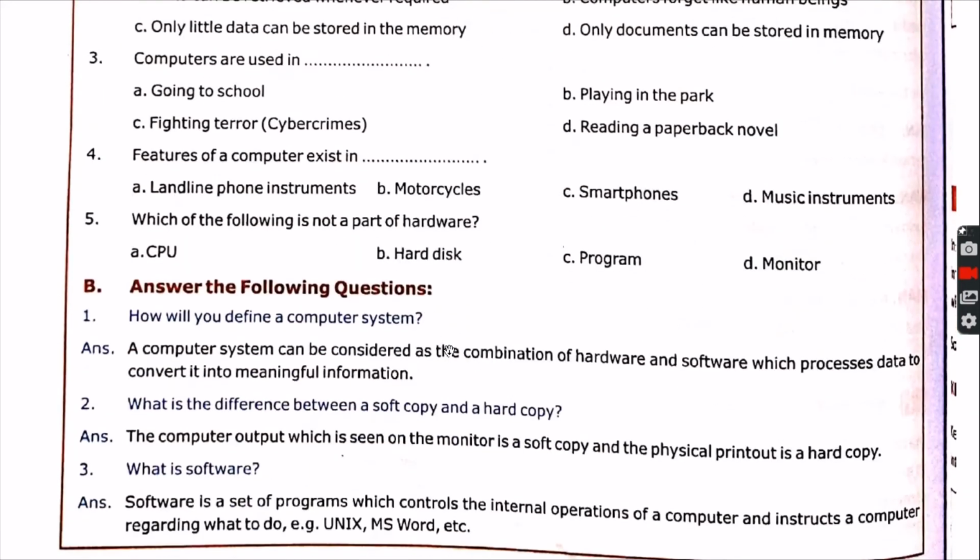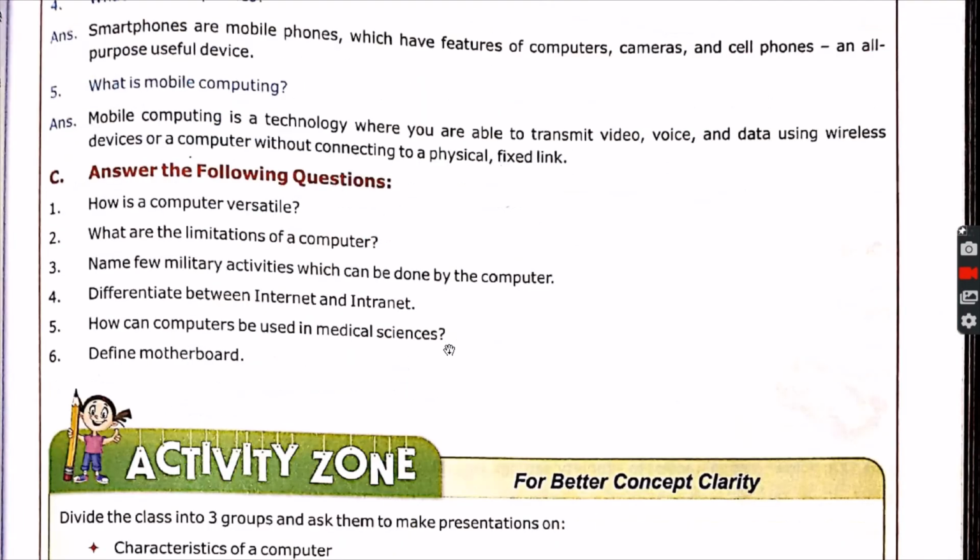Now the next question: how can computers be used in medical science? In the above pages where I cited the uses of computers in the military, you can see in the list the use of computers in medical sciences.